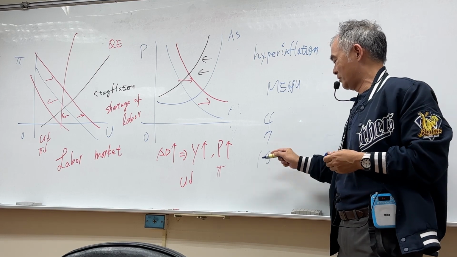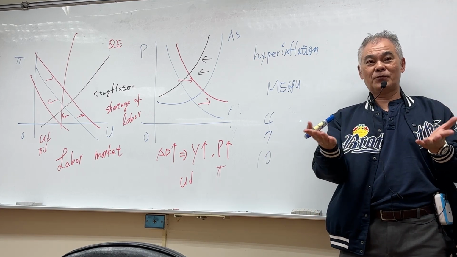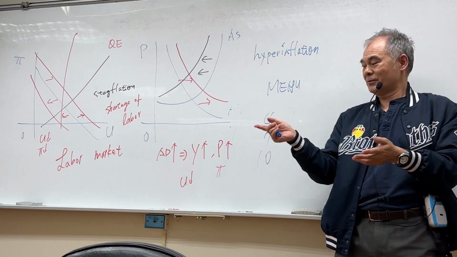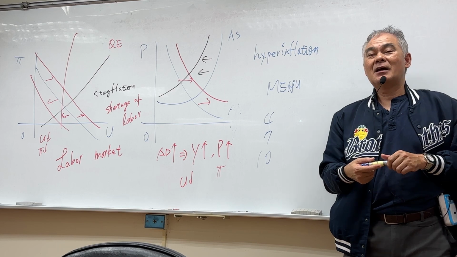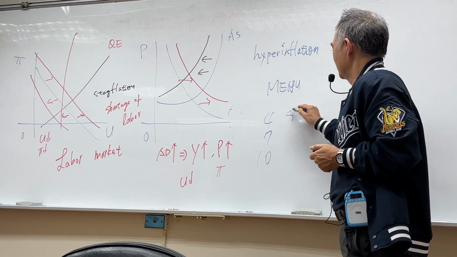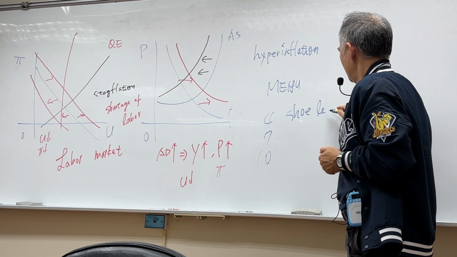You want to change it to $10. So what happened? You have to print the menu 4 times, right? 1, 2, 3, okay? And so there's a cost to that. And some people call it shoe leather cost.